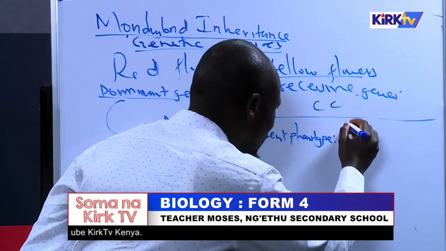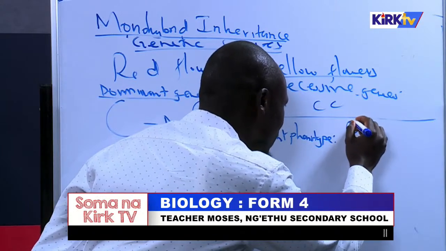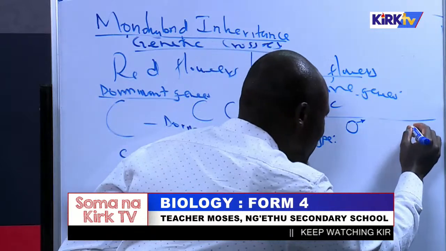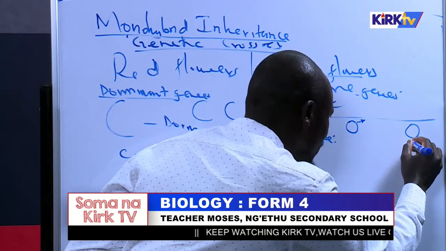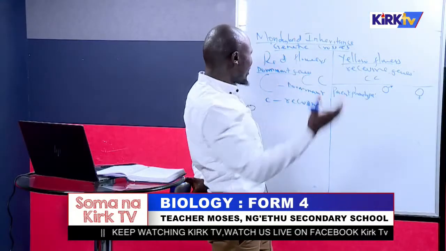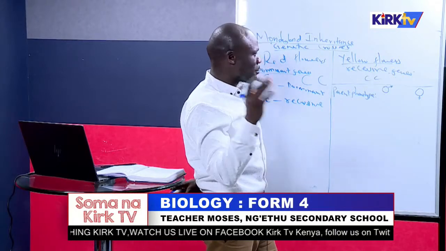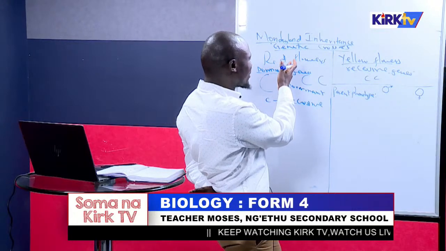So I'll start with the one representing the male, then this one representing the female, this side. Let the one with the red flowers be the male, or you can say it is the female. It doesn't matter, unless you've been told which one is having the red flowers.